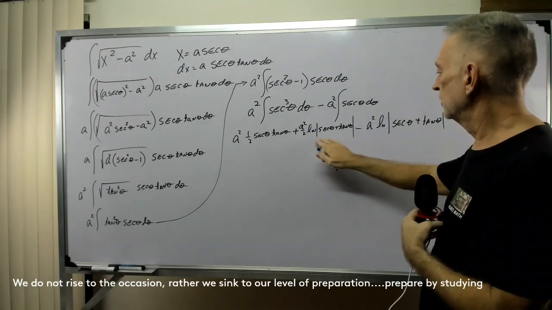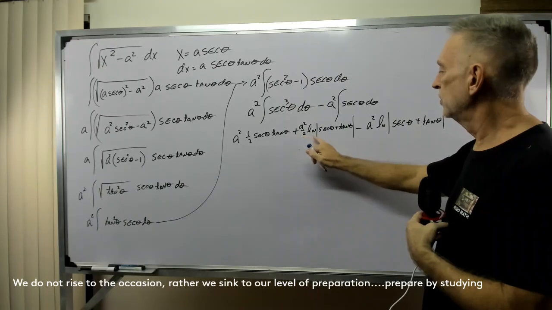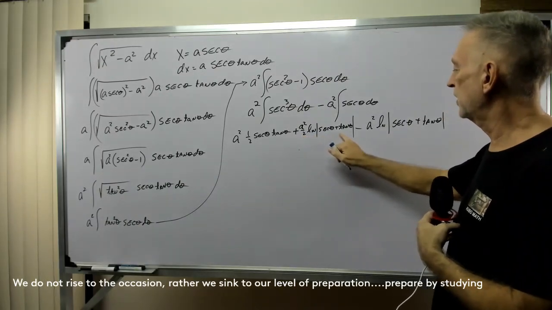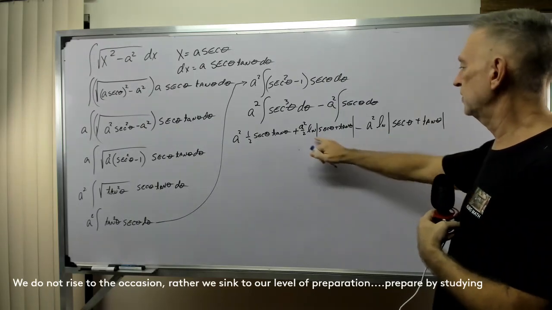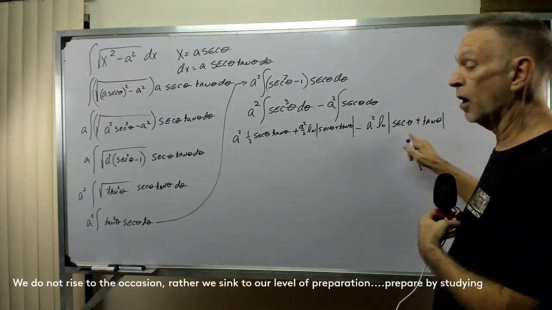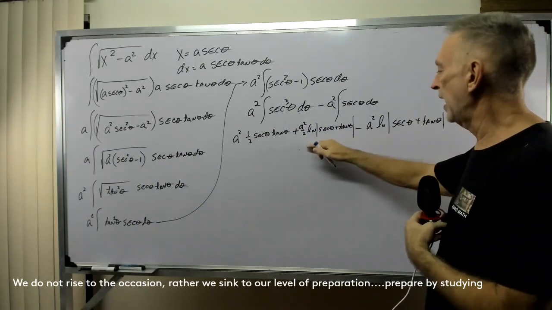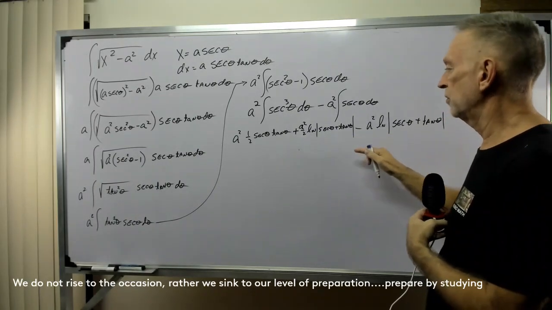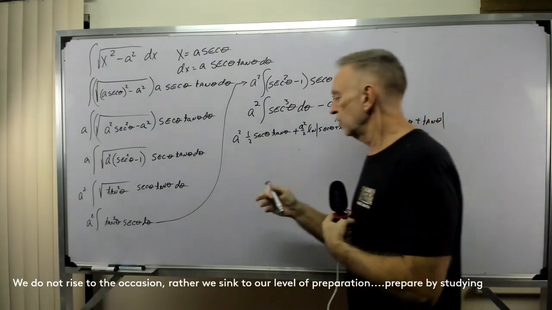You'll notice these terms, a squared over 2 natural log of secant theta plus tangent theta, is the same as this, except this is 1/2 of this and this is a whole. So if I subtract a whole one of these from a positive half, I end up with a negative 1/2 of this. So where do we end up?